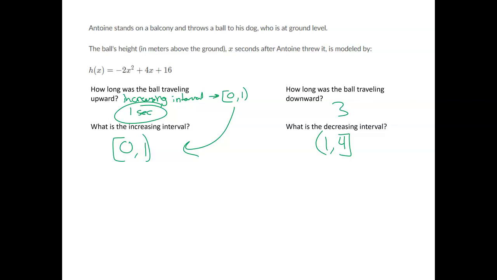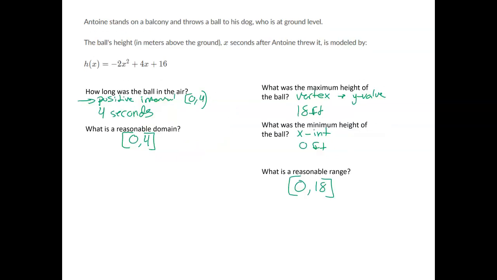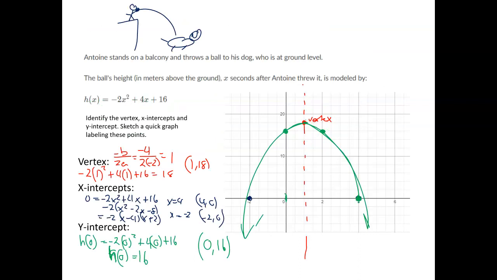Why does 1 have a parenthesis? Because at 1, we're talking about increasing interval, right? So the slope has to be positive. At 1, the slope is 0, which is not positive or negative.